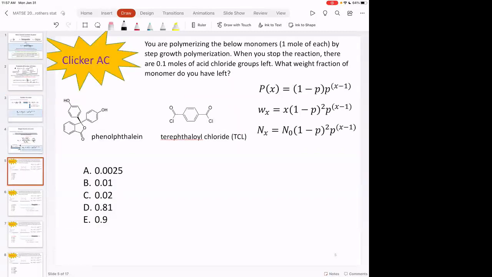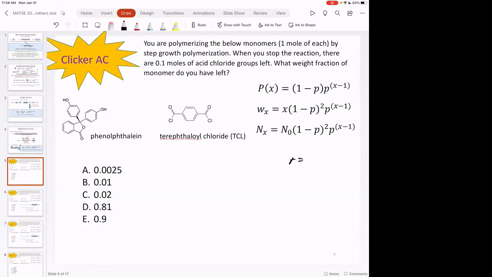So the way these questions go, and we talked about this last time, is that we're polymerizing the below monomers, 1 mole of each, R equals 1. Remember, there's no R's in this equation, so probably should be R equals 1. When you stop the reaction, there are 0.1 moles of acid chloride groups left. What weight fraction of monomer do you have left?